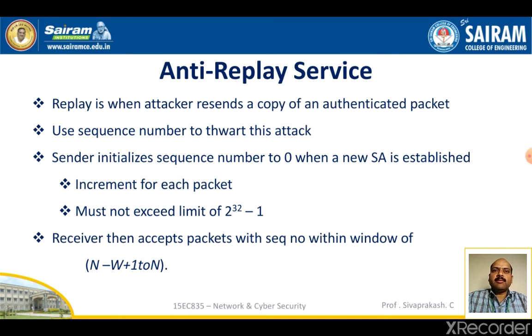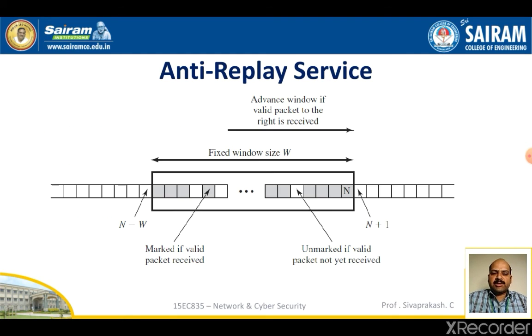Therefore, the IP security authentication document dictates that the receiver should implement a window of size W, with a default of W equal to 64. Let us see this with a pictorial representation. The right edge of the window represents the highest sequence number N so far received for a valid packet.